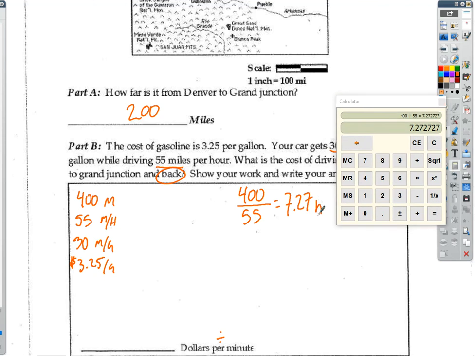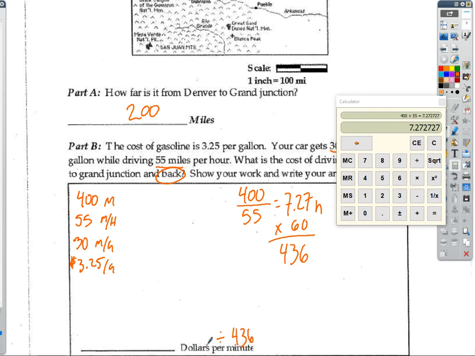Now, hours is not minutes. How many minutes in an hour? That's right, 60. So I'm going to multiply this by 60, and I'm going to get 436 minutes. So I'm going to write that above my minutes. That's 36, not 66. So that I have a nice little reminder of what I'm going to be doing.